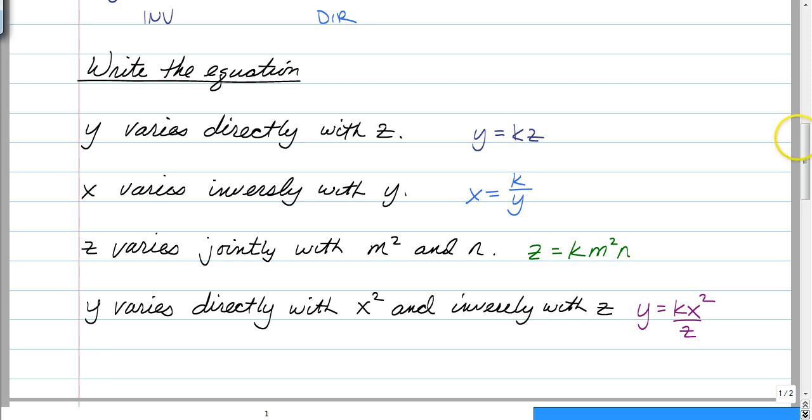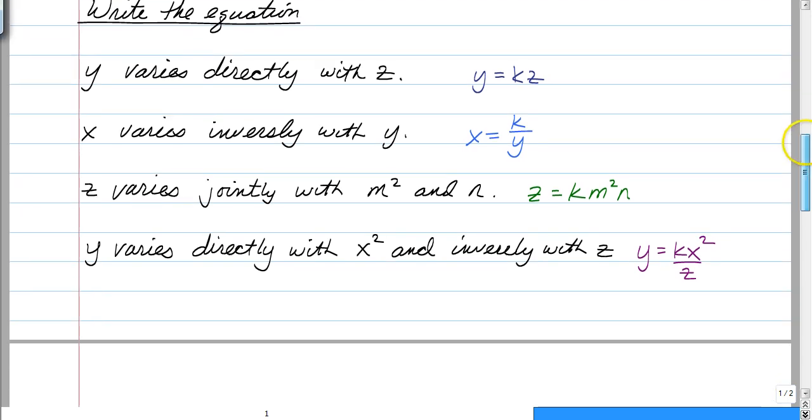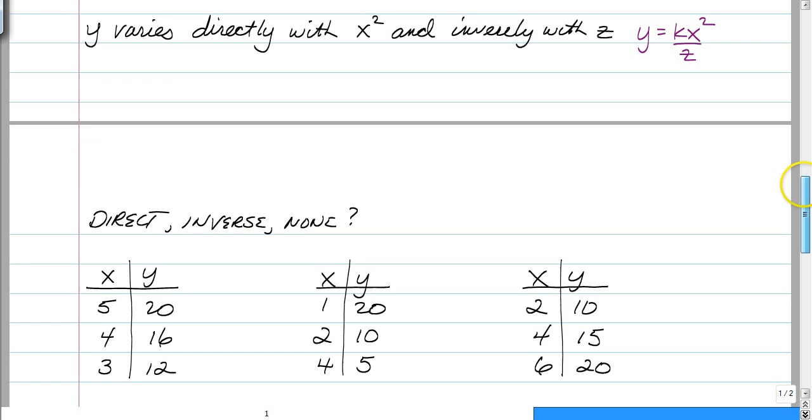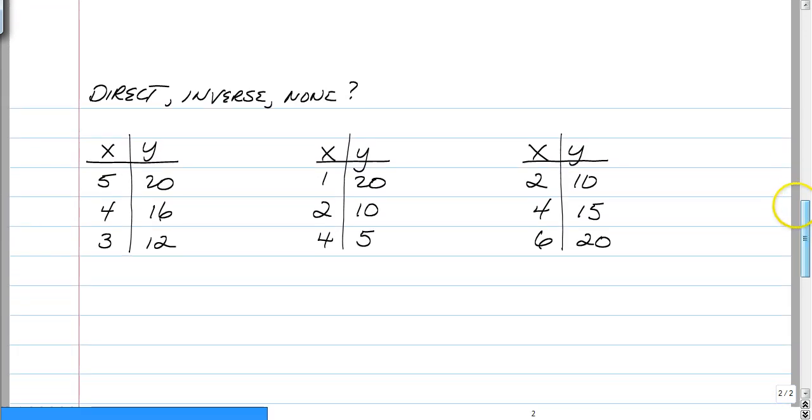Now, some of those skills are going to be helpful in a few seconds when we start actually rewriting equations and finding values. When you're looking at a chart, this chart represents x and y. This does not represent k. So, does this chart represent direct, inverse, or none? What you want to do is you want to figure out how you would get k.